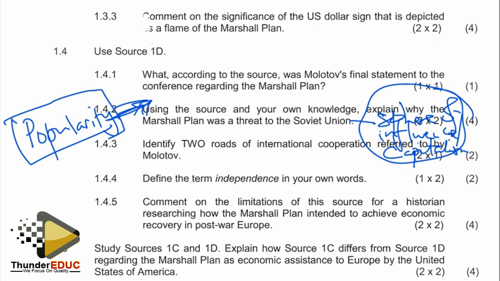And also, the USSR and its allies had no standing plan. The capitalists were more initiative and ahead of them. These ones did not have any plan. They hadn't thought of anything to assist the world, or even their own bloc and allies. So it was a threat to them that the capitalists had come out with an idea. If we don't have a standing plan to assist our own people, what is going to happen?